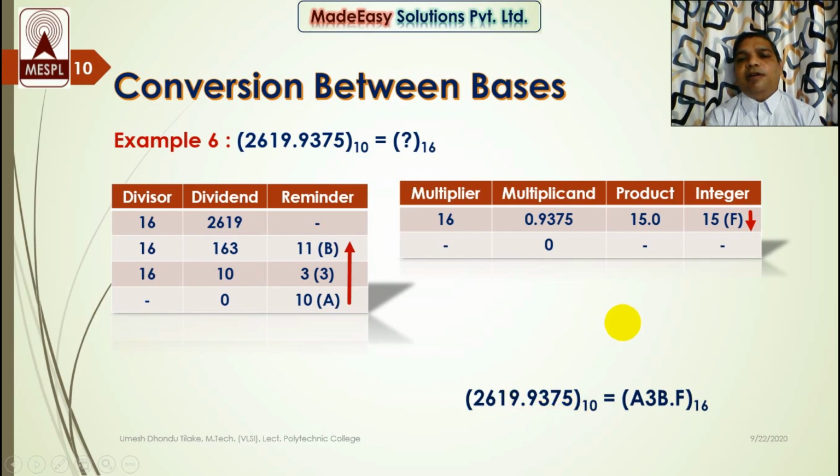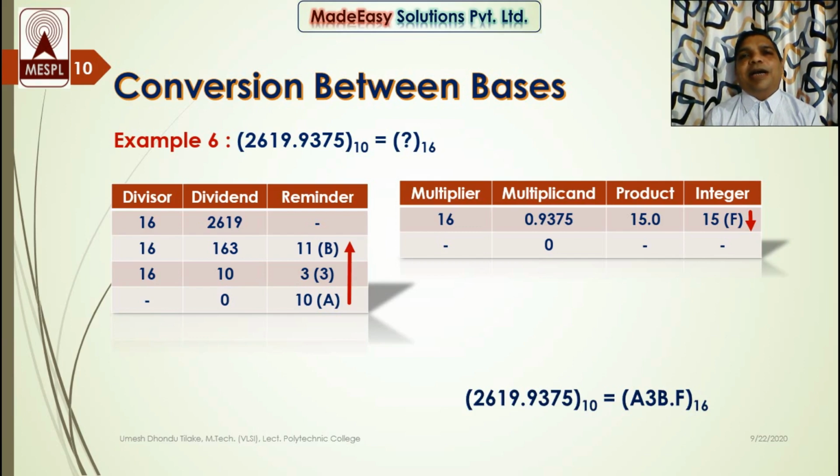So now come to the question I asked you at the beginning of this video, that why I have included these three conversions in this part. So now the answer is very clear to you, that these three conversions follow the same procedure. Which procedure? Divide and multiply. What do we divide?